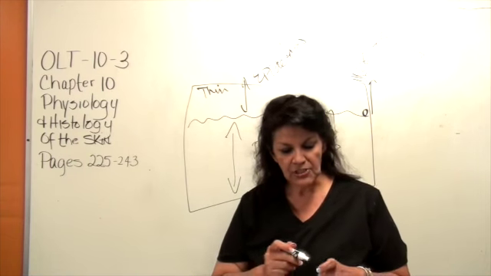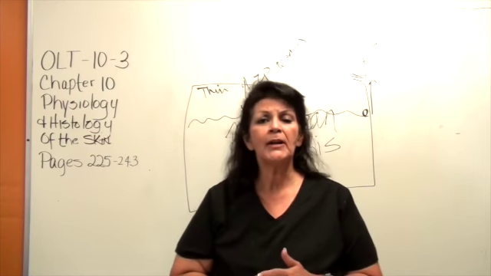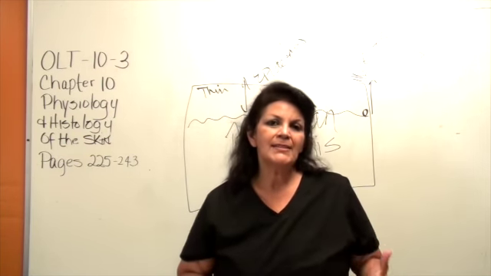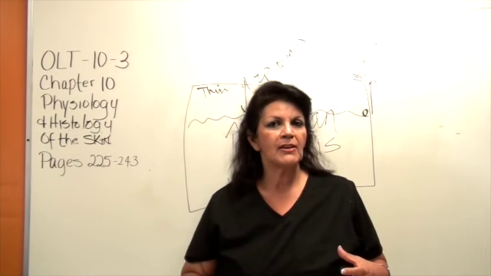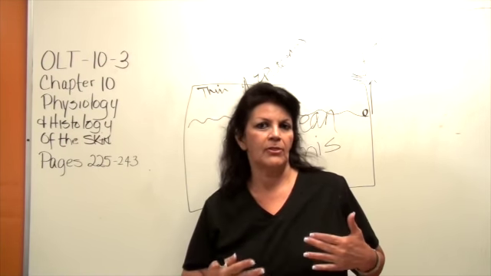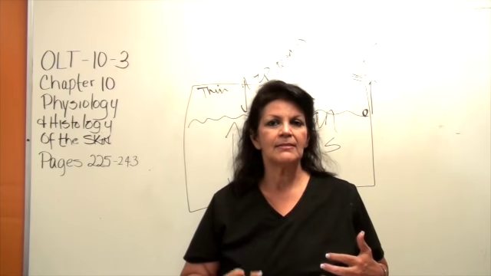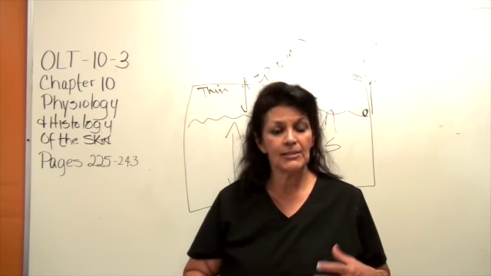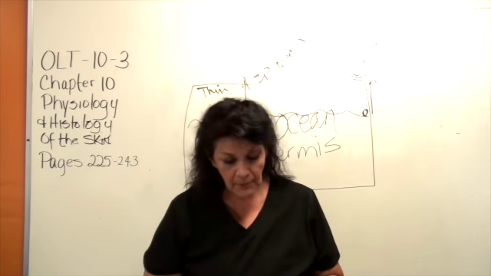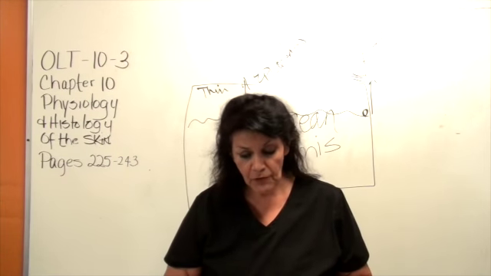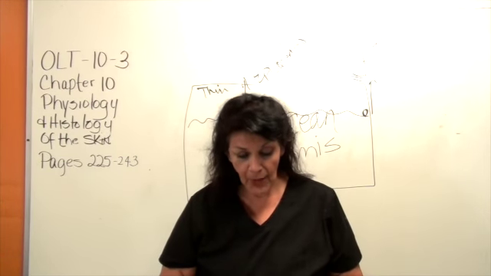I hope everybody understands that, because that's a major part of knowing what type of exfoliation the client is going to need. If there's a thick dermis or epidermis, what do we need to do? Make sure that you go over that in your book as well.